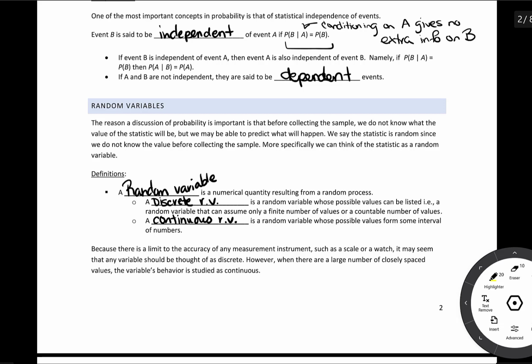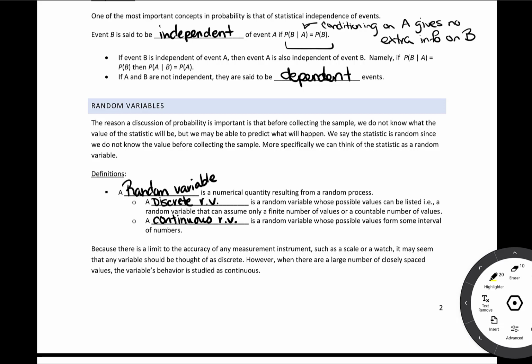A discrete random variable is a random variable whose possible values can be listed, whereas a continuous random variable is a random variable whose possible values form some interval of numbers. This is the same idea as continuous versus discrete quantitative variables that you've learned about in the past. The only reason we put random in front of here is we haven't actually taken any measurements yet, so we don't know what values the variable is going to take.